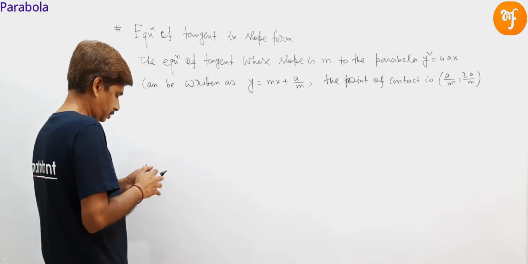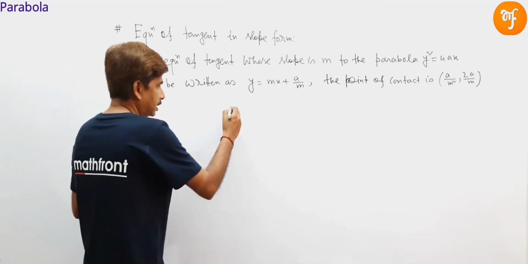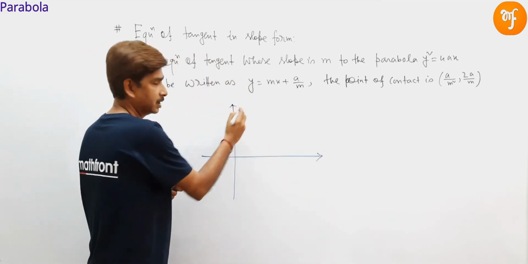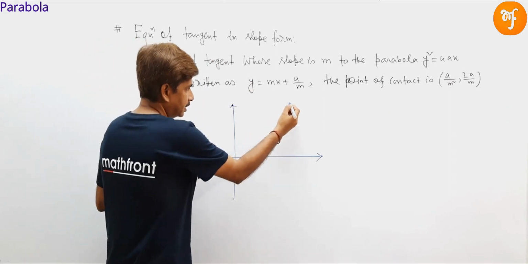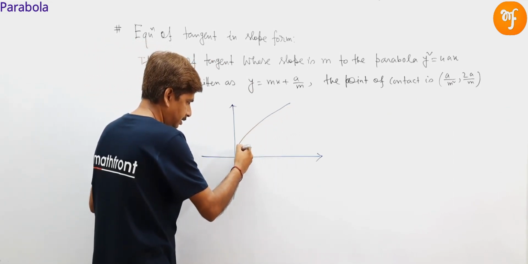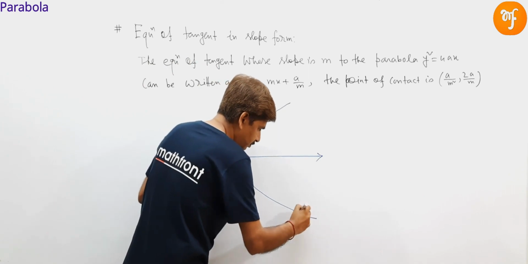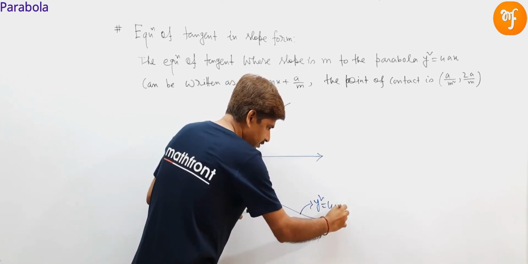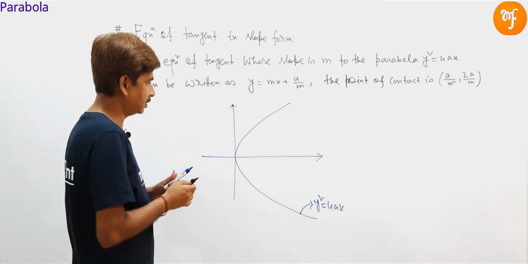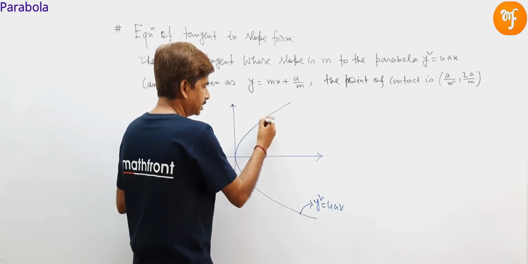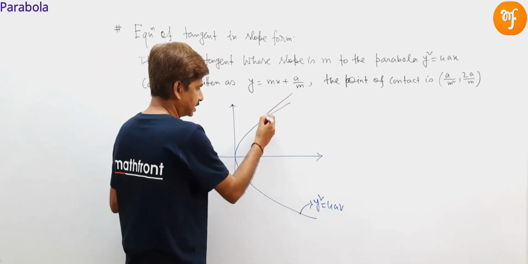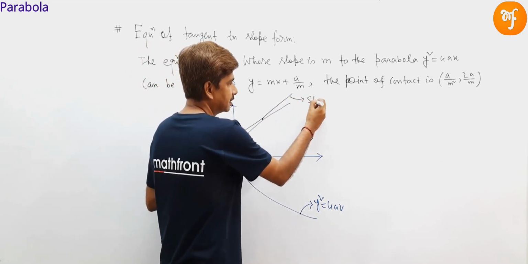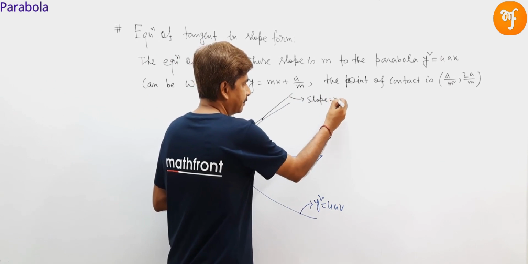So look, let me clear this through the diagram. This is the parabola whose equation is given as y square is equal to 4ax. So if we draw a tangent on it, suppose this is the tangent and its slope is given as m.